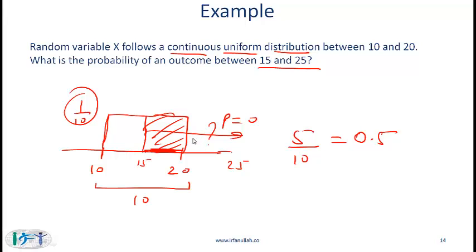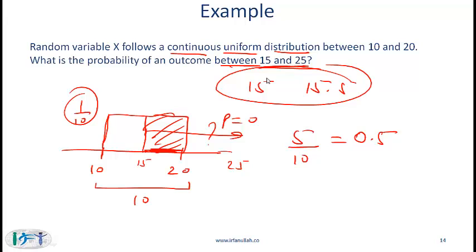And one other point that you should recognize is that when we have a continuous uniform distribution, we always speak in terms of a range. So the probability of an outcome between 15 and 20, or between 15 and 15.5. So there is always a range. The reason is that the probability of a specific number, so the probability of 15, is going to be essentially 0.